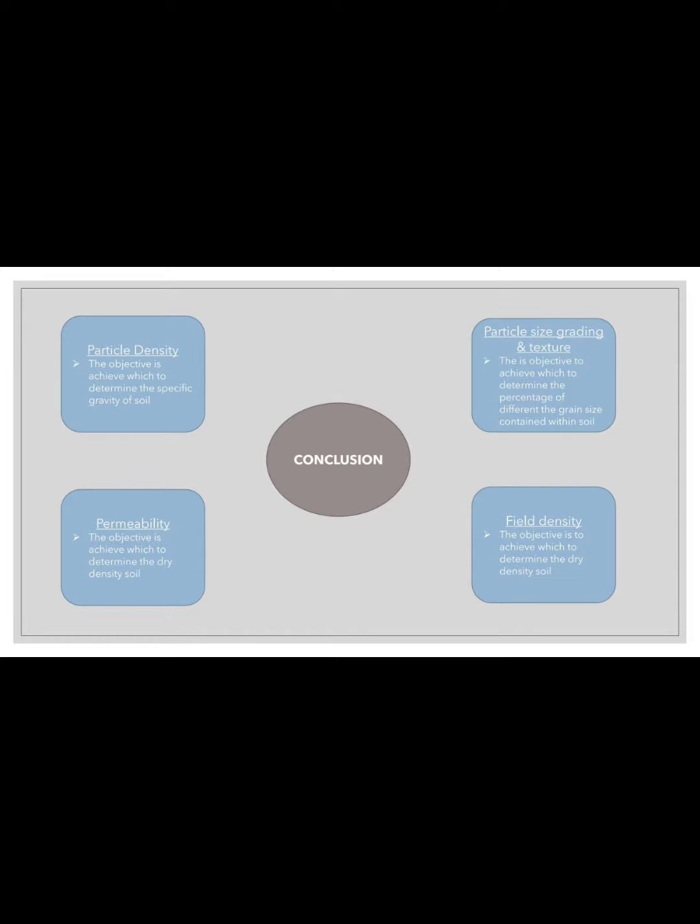For particle size grading and texture, the objective is to determine the percentage of different grain sizes contained within soil. Next, for the field density, the objective is to determine the dry density of soil. And lastly, for the permeability test, the objective is to determine the dry density of soil.